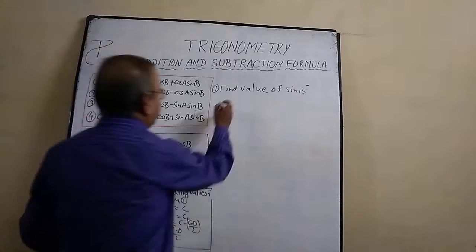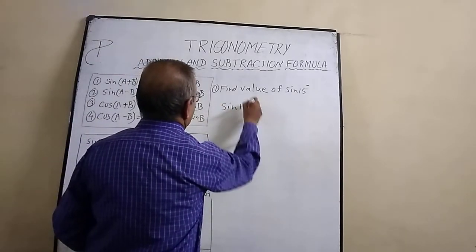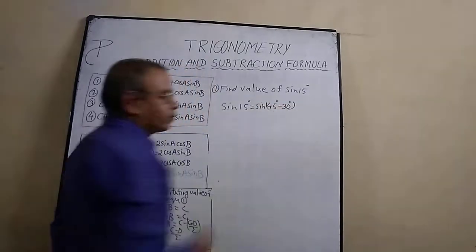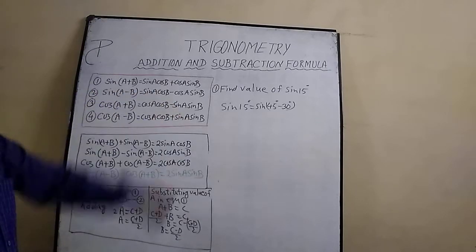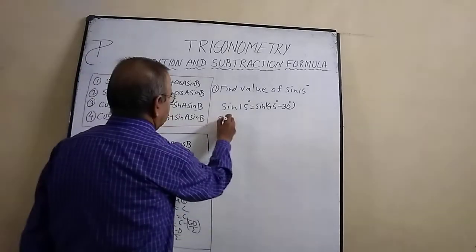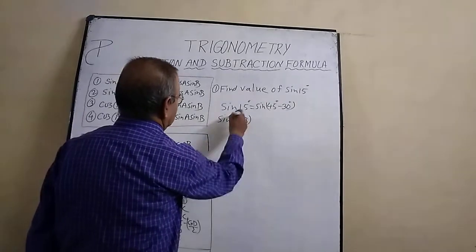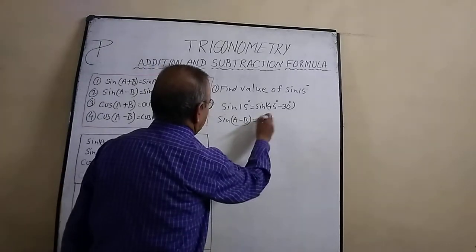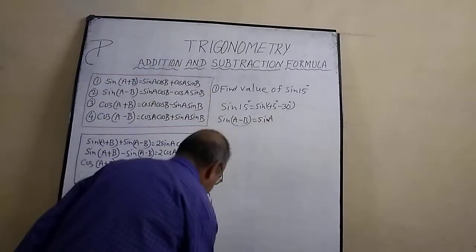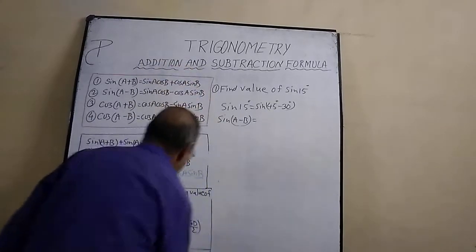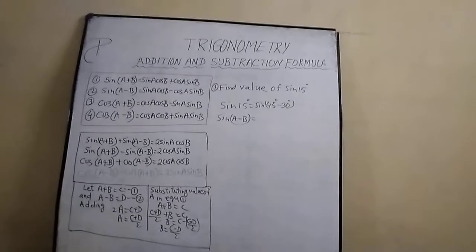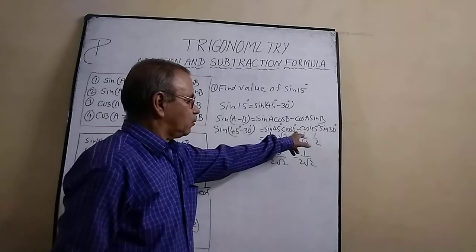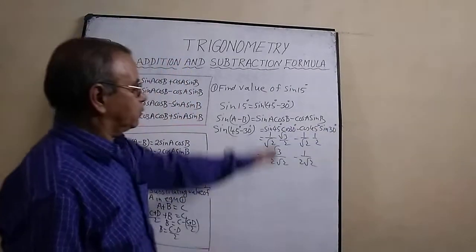Here sin 15 degrees can be written as sin of 45 degrees minus 30 degrees. So I apply the relation sin A minus B. Sin 45 degrees into cos 30 degrees minus cos 45 degrees into sin 30 degrees.